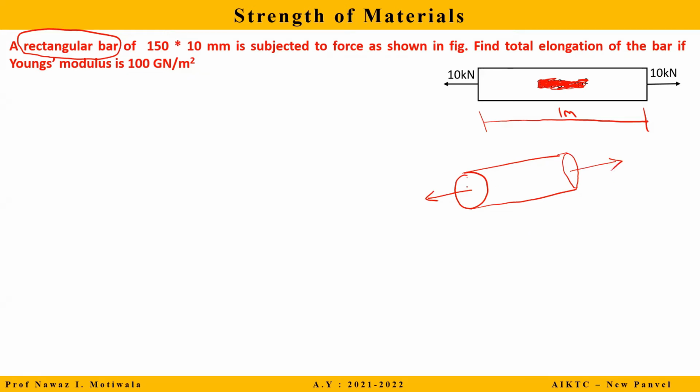The load is acting on the circular part. Do you understand this part? Where is the load acting? On the circle area. Yes or no? Yes, sir. That's why the area we took is pi by 4 d square, because the load was acting on the circular part.